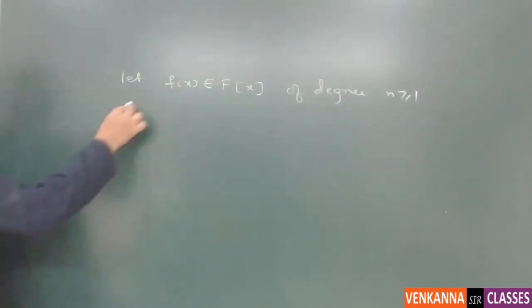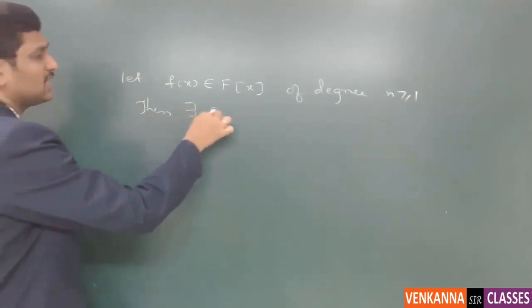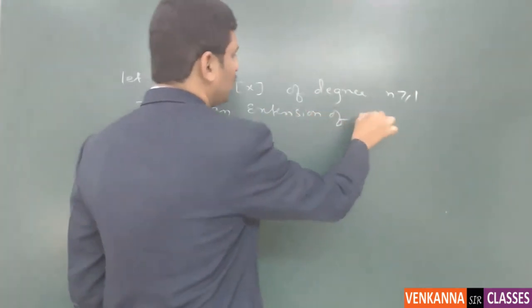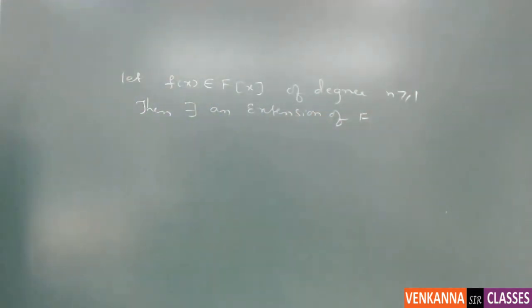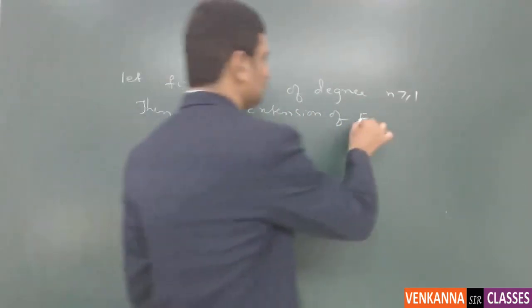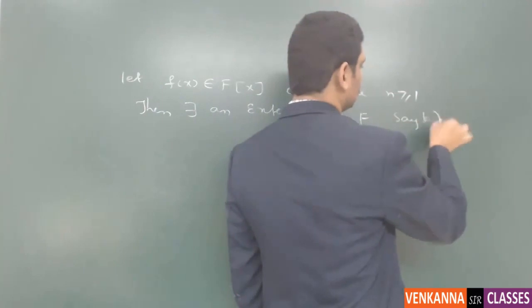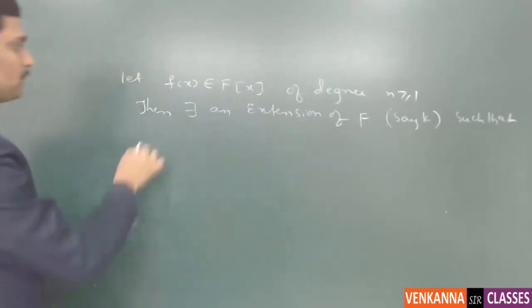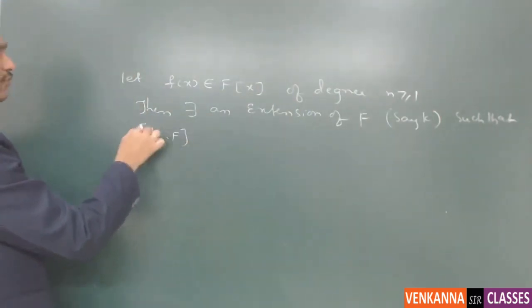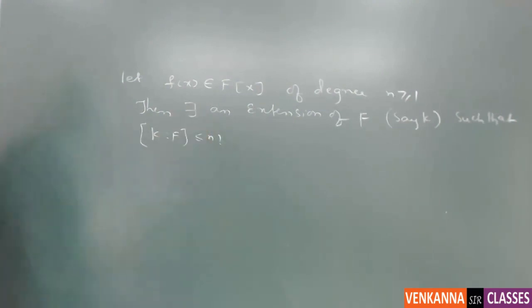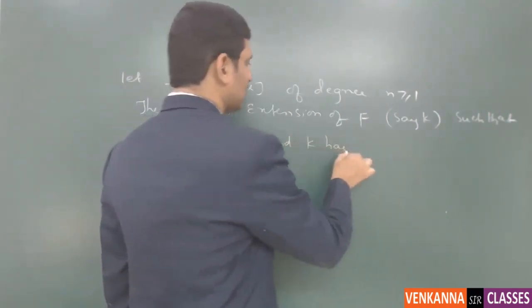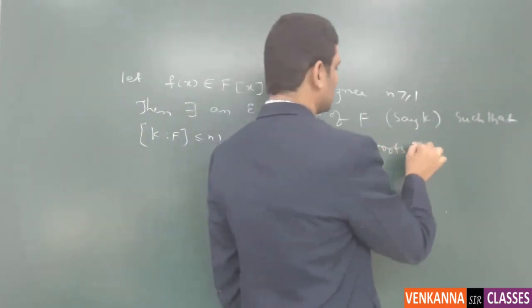Then there exists an extension of F, say the extension is K, such that the degree [K : F] is less than or equal to n factorial, and K has n roots of f of x.